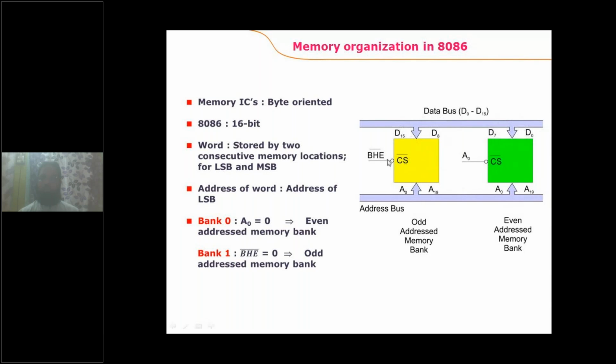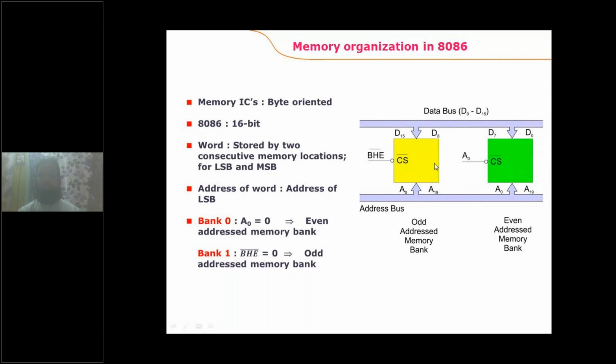And one more point that we need to remember is, among the 20 address lines which are available with the 8086 microprocessor, not all the address lines are used to select a memory location. According to the size of the chips, only a few address lines are used to locate a required location of the chip, whether it is the even bank or the odd bank. And what about the remaining address lines?